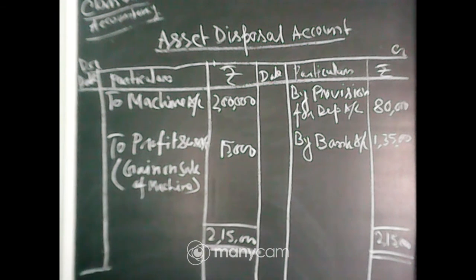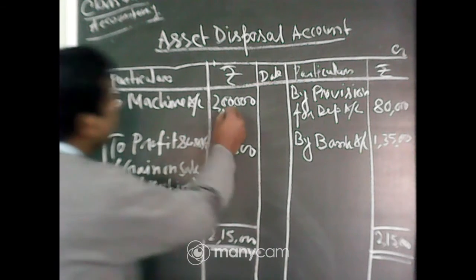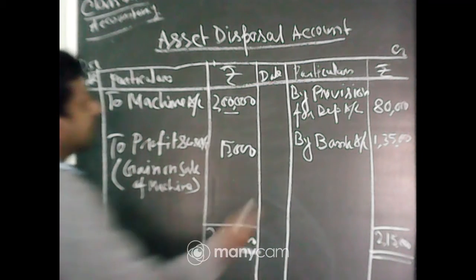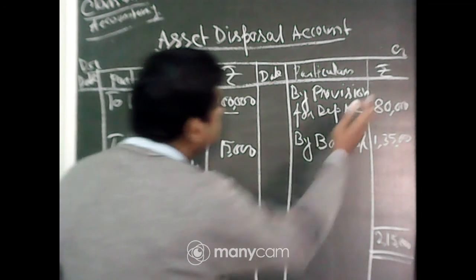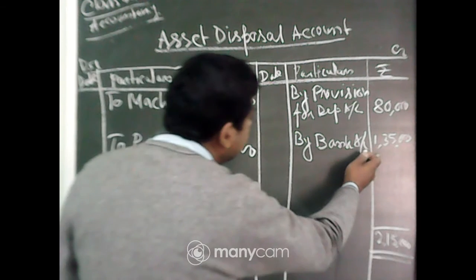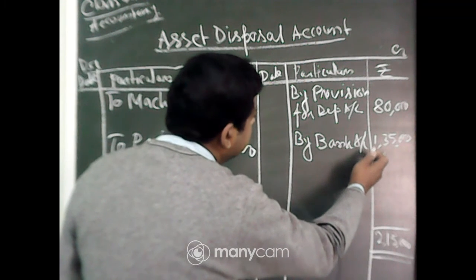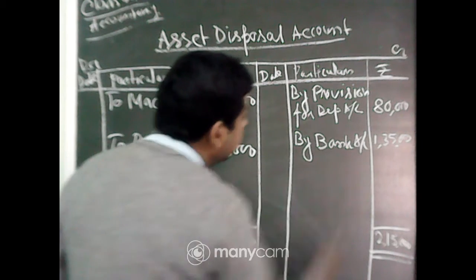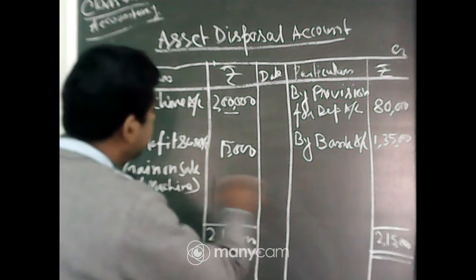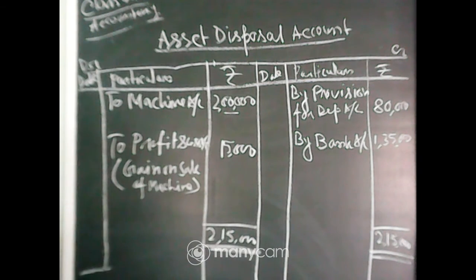From that account you can easily know the total asset value is 2 lakh, provision for depreciation on that asset is 80,000, and the selling price of that machinery is 1,35,000. Whether there is a profit or loss, here it is a profit of 15,000 for this particular machinery. This is the purpose of the asset disposal account.